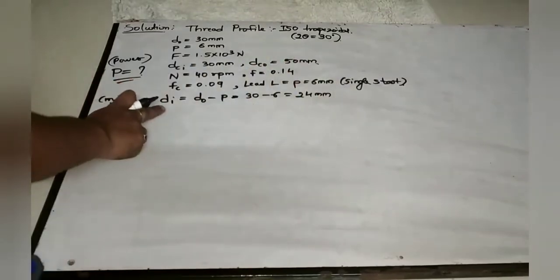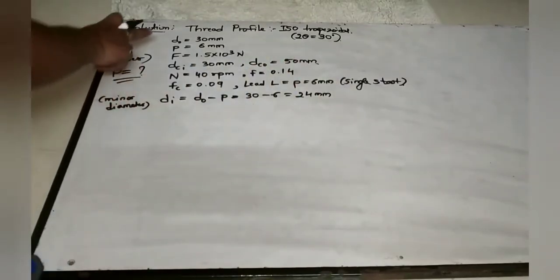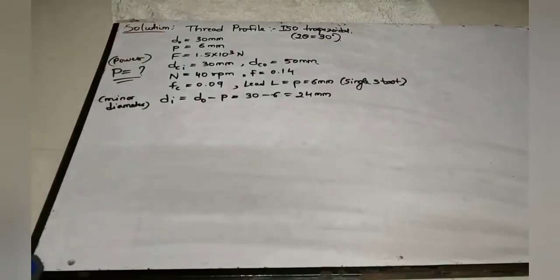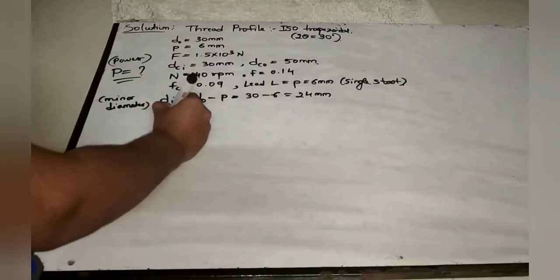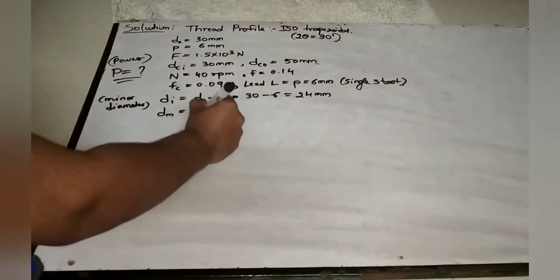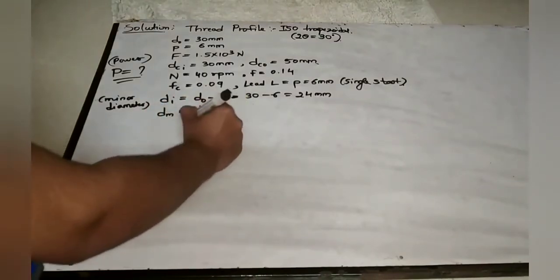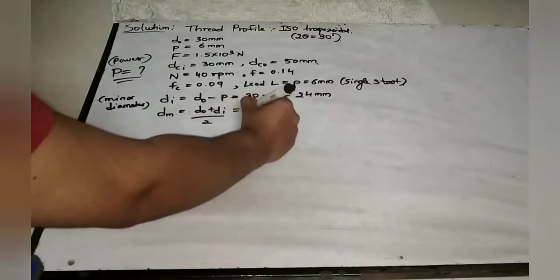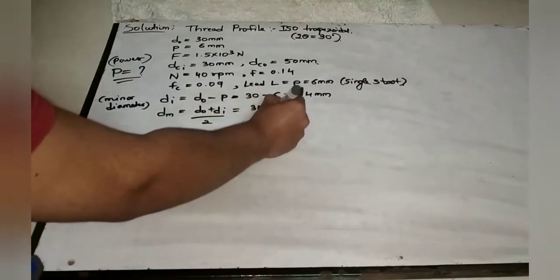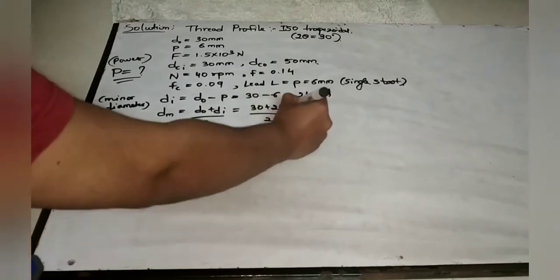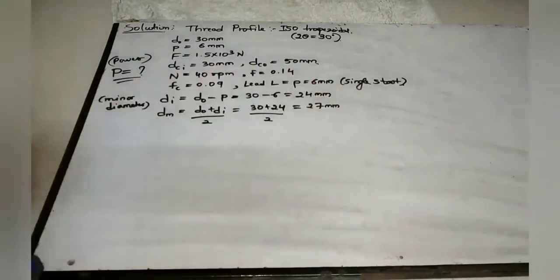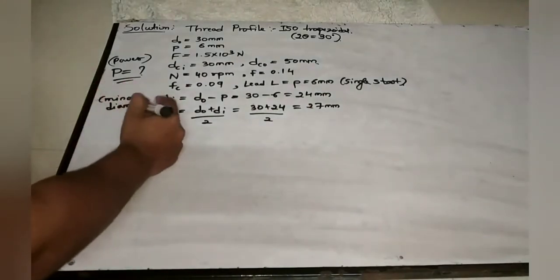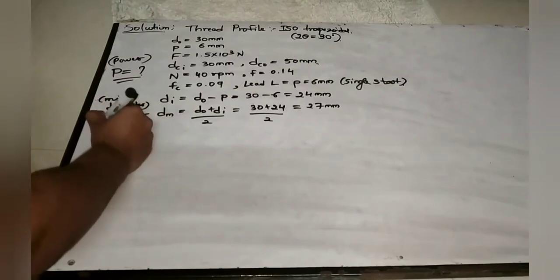This is the inside diameter of a screw. Now what is the mean diameter of a screw? D0 plus DI divided by 2. So 30 plus 24 divided by 2, that is 27 mm. Correct? So this is related to the screw.